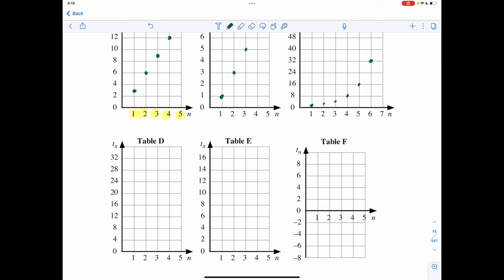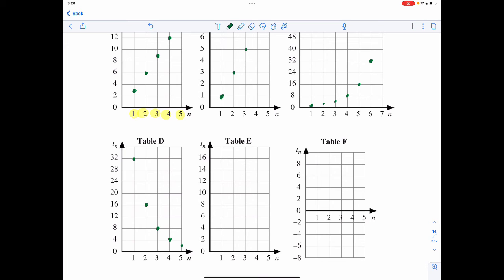For table D, we had 1 and 32, 2 and 16, 3 and 8, 4 and 4, 5 and 2.